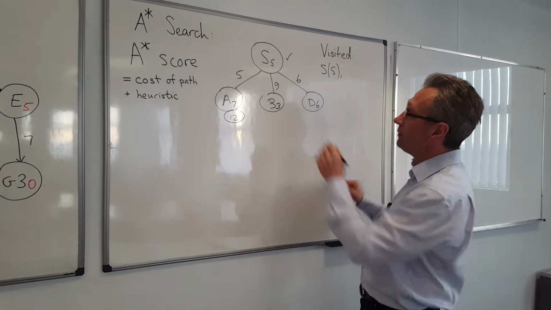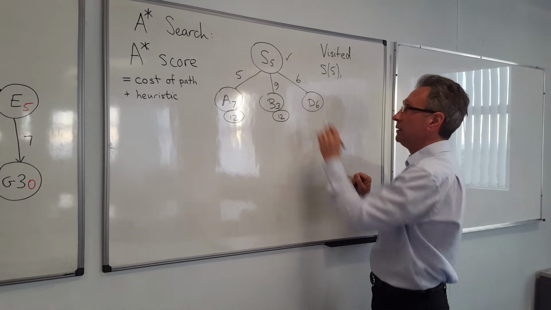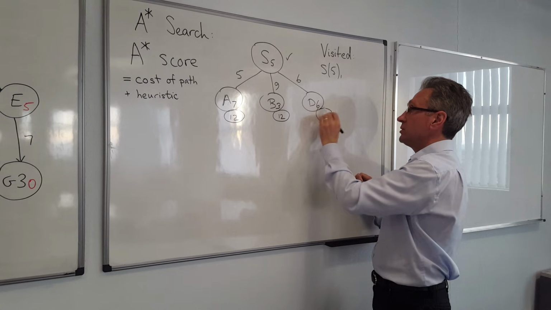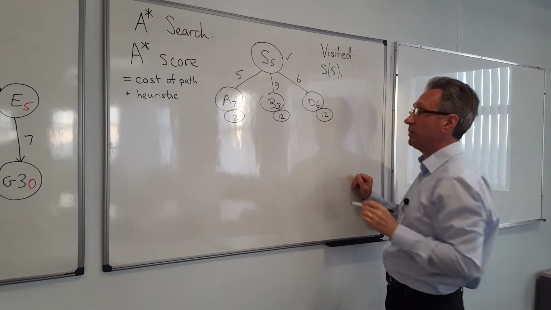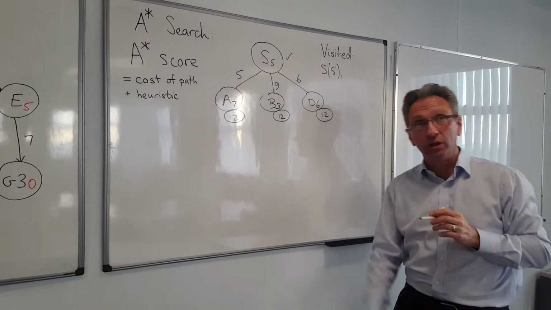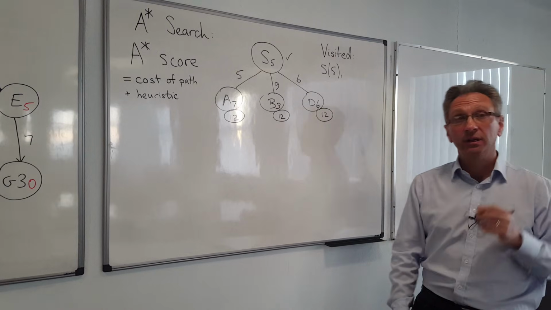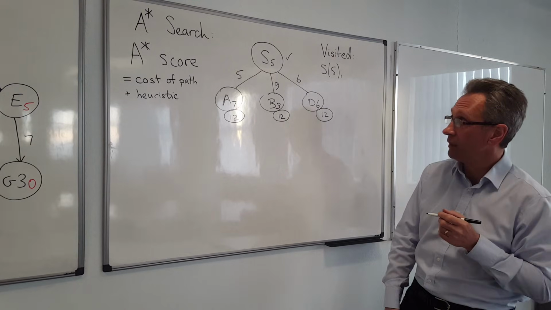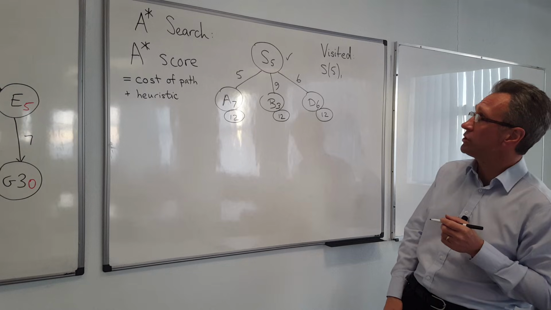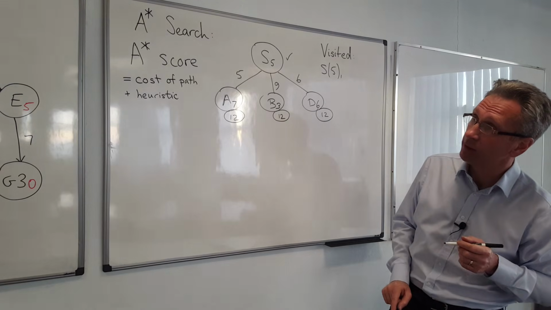So it's 12 here, 9 plus 3, it's 12 for this path as well, and 6 plus 6, it's also 12 for this path. So at the moment, the A* search is not distinguishing between these possibilities. It thinks that each of these paths is going to cost 12 in the end. So let's just take them in alphabetical order as we did before. We'll look at this one first.